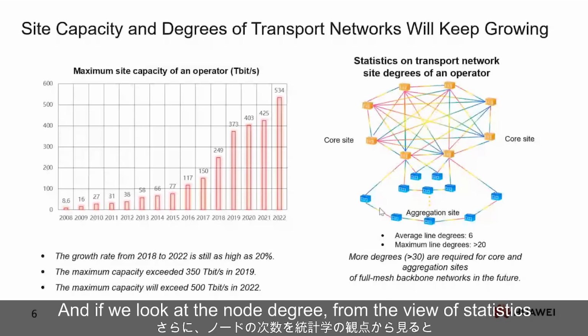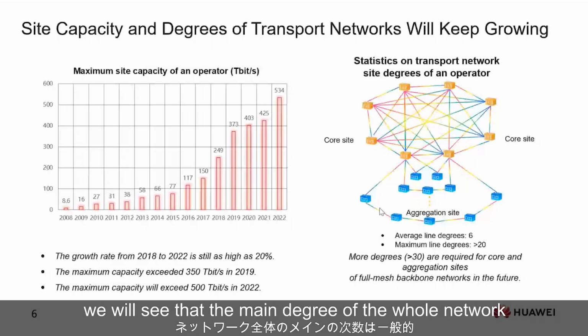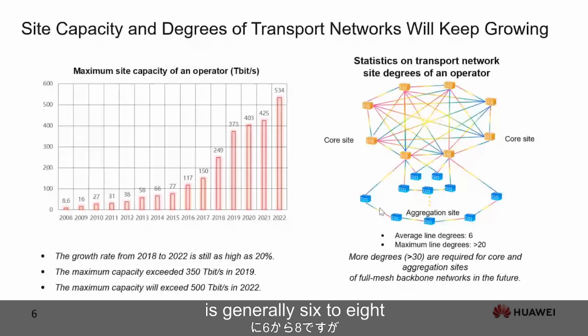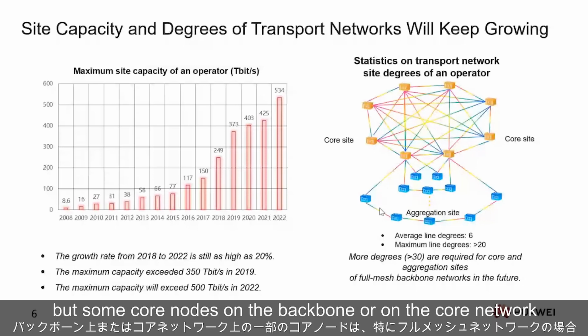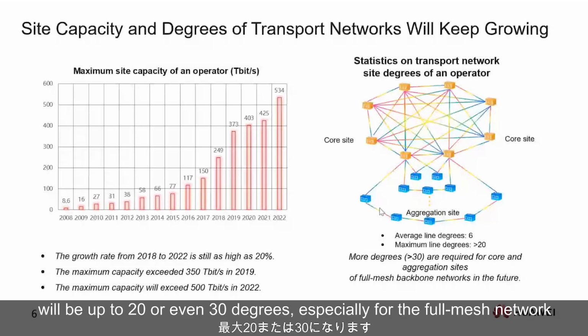And if we look at the node degree, from the statistics, the mean degree of the whole network is generally 6 to 8, but some core nodes on the backbone or core network will go up to 20 or even 30 degrees, especially for the full mesh network.